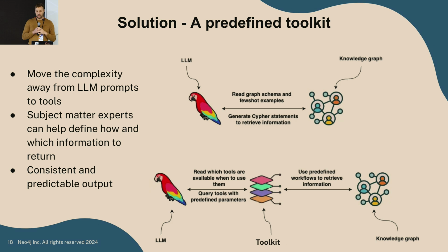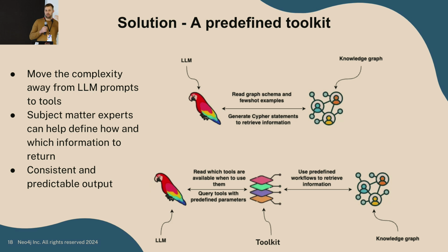And in this case, you can give LLMs tools to interact with your knowledge graph, right? The idea is to move the complexity away from LLMs and put it into the tools, right? So you can have subject matter experts who define those tools, and because they are deterministic, you know that if you get the same input, you'll get the same output every time, right?